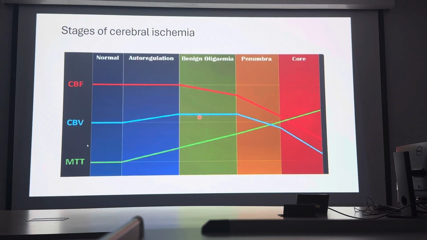In benign oligemia, there is initially a minimal decrease in the cerebral blood flow, although the cerebral blood volume is maintained and the time keeps increasing. In the penumbra, there is a moderate decrease in the flow, a moderate increase in the time, but the volume is preserved. And in the core, this is a severe form of hypoperfusion, where the time parameters are markedly increased and the flow and volume are markedly decreased.